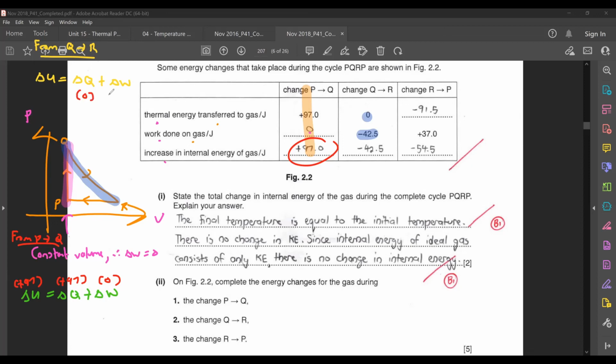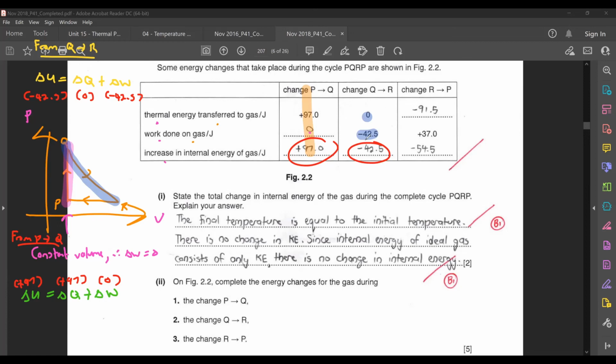Your delta W is negative 42.5. So again, same thing as before. If you balance both sides, your internal energy is negative 42.5.